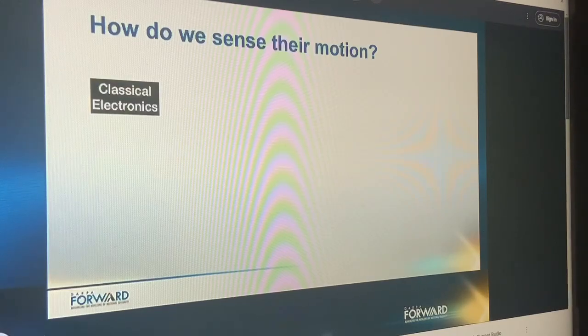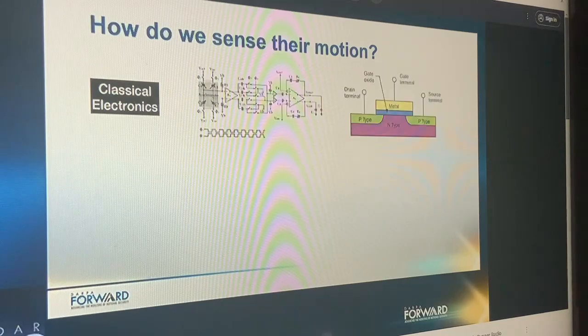So the cell phones, the sensors that you have in your phone, they use classical electronics. So they use transistors, that's the basic unit. And the problem with transistors is that they don't preserve quantum coherence, they don't preserve quantum information, and so we can't use transistors.